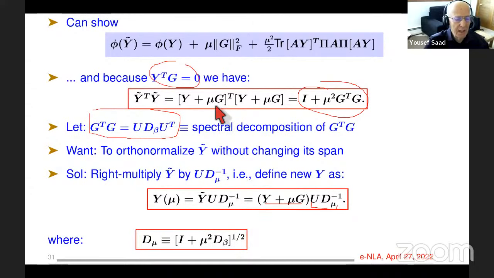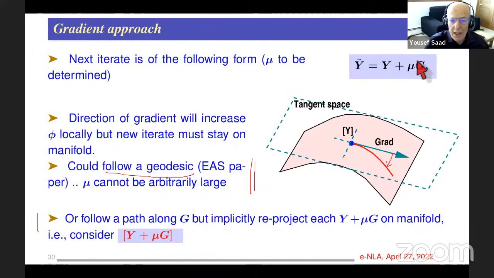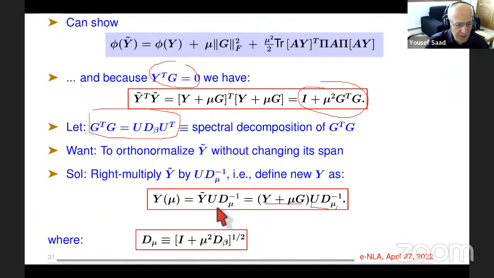So a lot of notation was introduced at once, but the main point is that I'm taking this y here and I'm going to normalize it to the right by something in here, and that something turns out to be this matrix U, which you get by diagonalizing this and then taking it d to the power -1, where d is this.